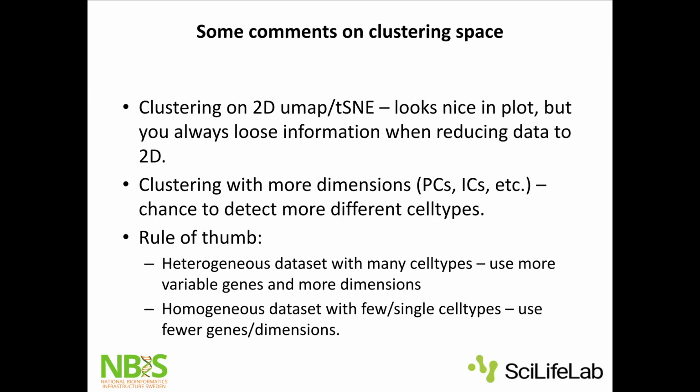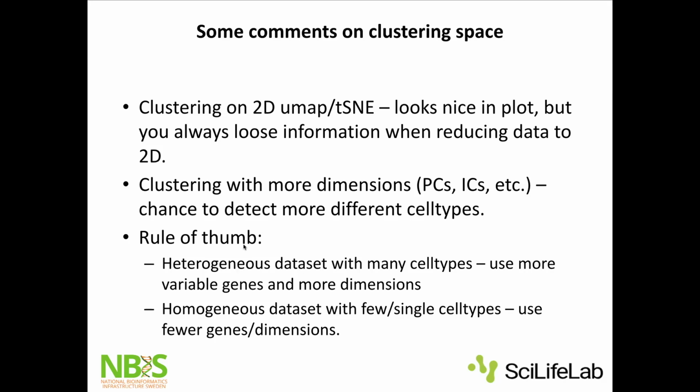So some comments here is that you should not cluster on the UMAP or any sort of 2D space if you have complex data. The more dimensions you include, the more chance to detect more cell types, but also the risk of including more noise and more computational burden.